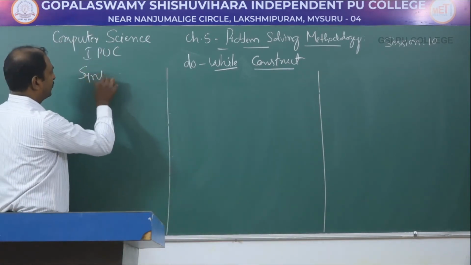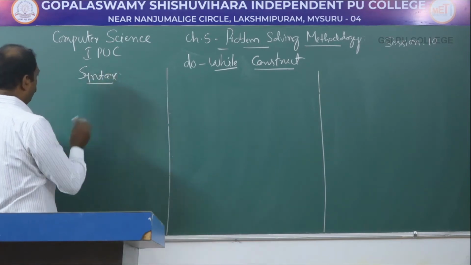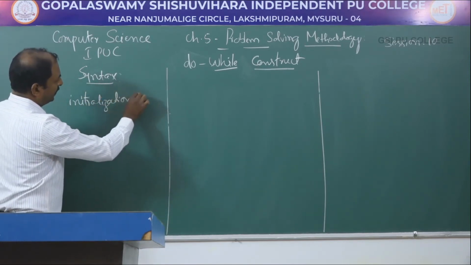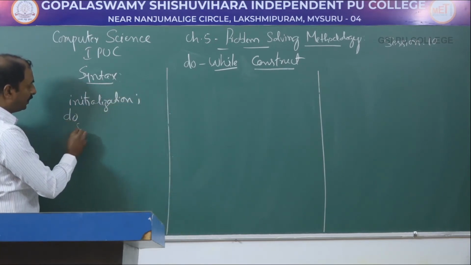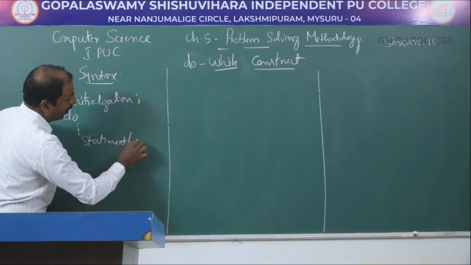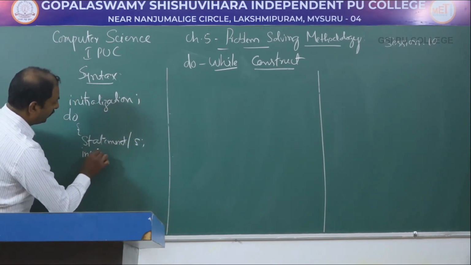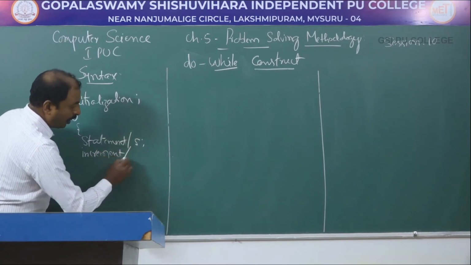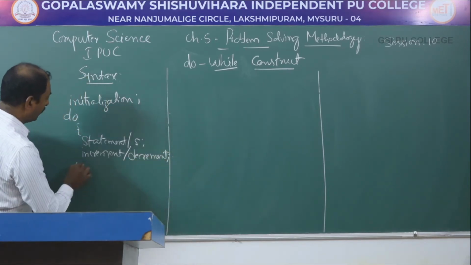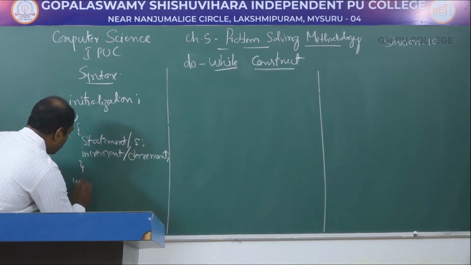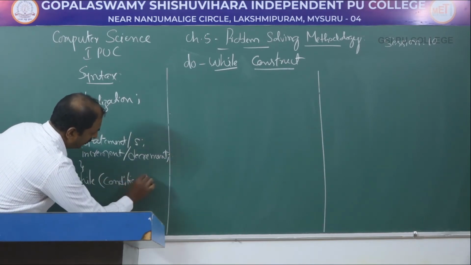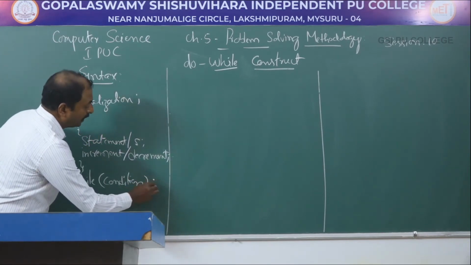The general syntax will be: first is initialization, next is the do statement, open the bracket, statement or statements, last one is the increment or decrement statement, semicolon, close the loop, and here at last we are using the while condition, close the bracket, and here we have a semicolon.